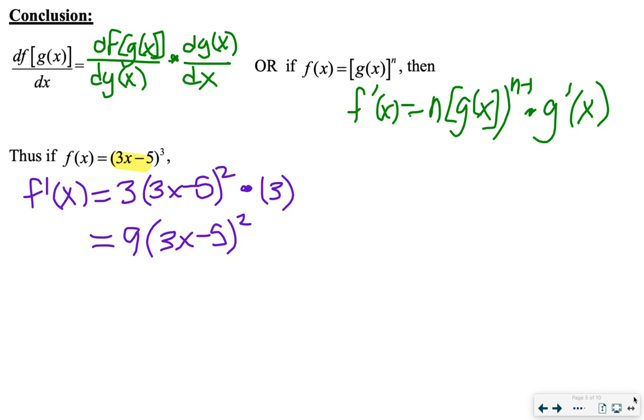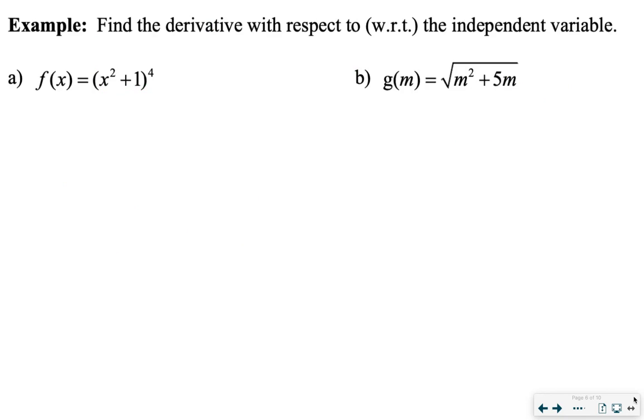Okay, so let's go through a bunch of examples, make sure we have an understanding of this, see what's going on. So I've got finding the derivative with respect to the independent variable. Our independent variable in most is going to be x, right? In B it's m, but I'm just finding the derivative with respect to that independent variable.